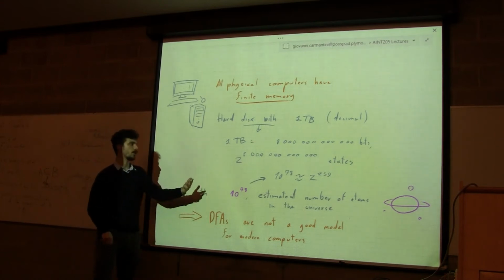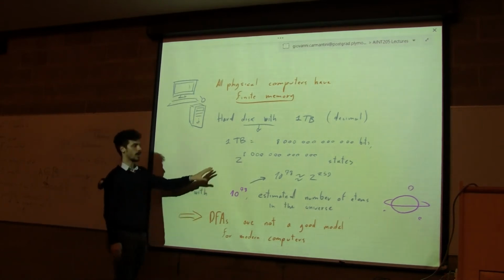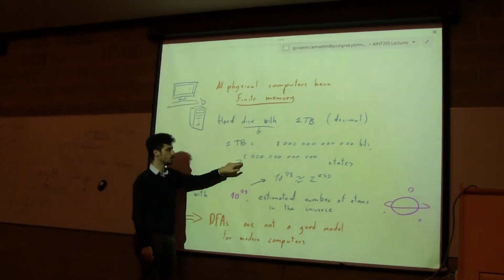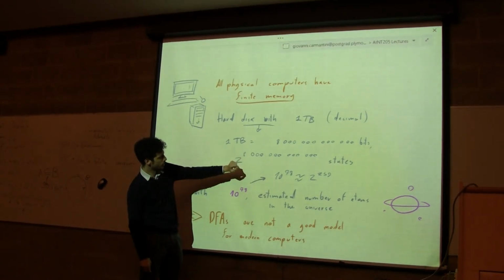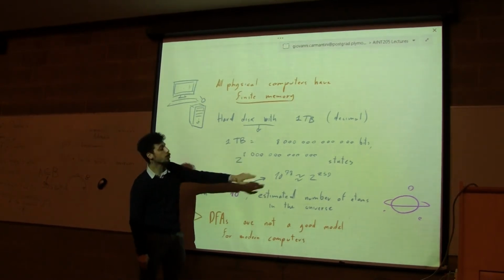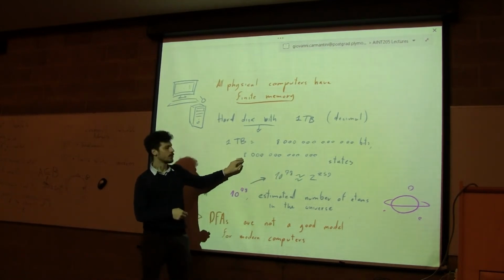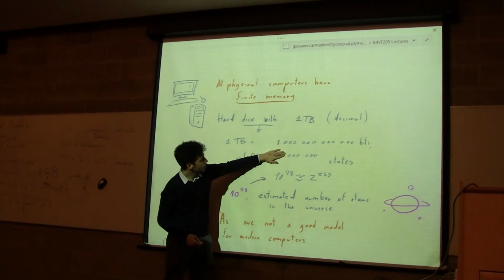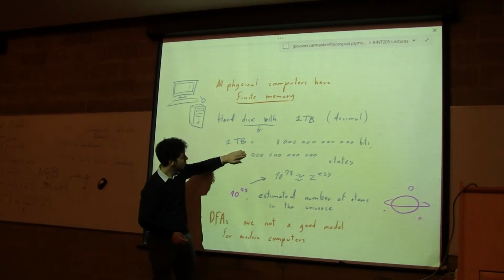So you can actually calculate the number of states inside a PC, which is more or less 2 to the 800 millions. Yeah? So 2 to the, no, 8 billions, what is that? So 100, a million, a billion, 800 billions.